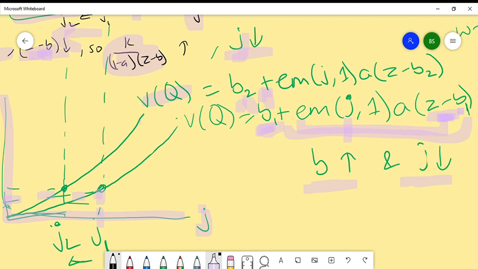But there's also this increase in B, and due to this increase in B, total value, Z minus B decreases, so this entire thing decreases.